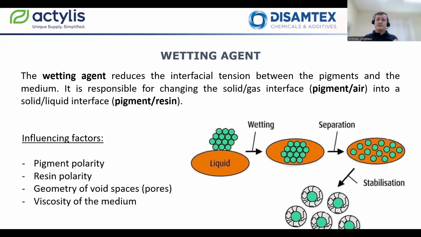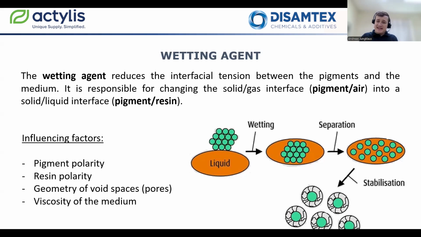A wetting agent reduces interfacial tension between pigment particles and the liquid medium, as I told you before. So the illustration down here shows the transformation of a solid-air interface representing dry pigment surface into a solid-liquid interface representing a pigment fully contacted by resin.